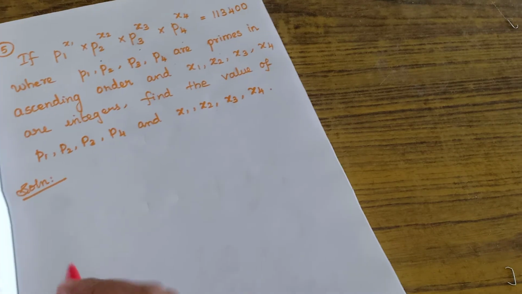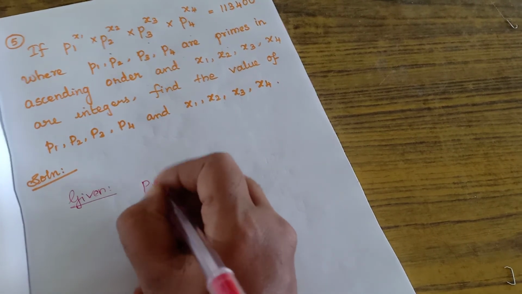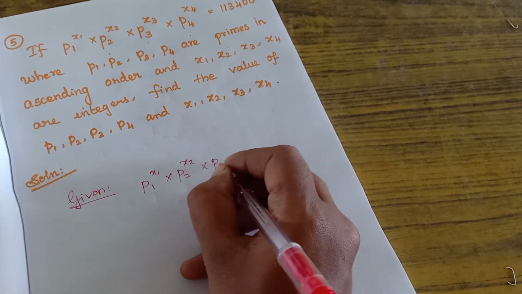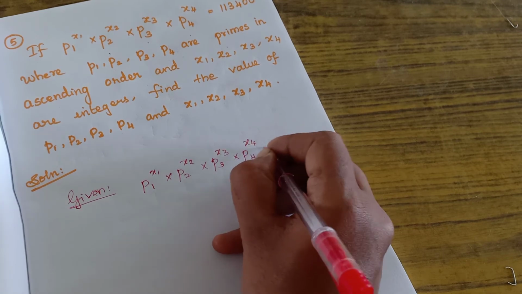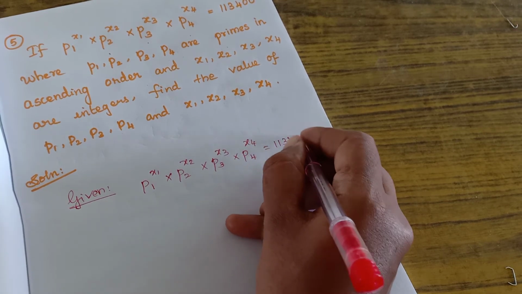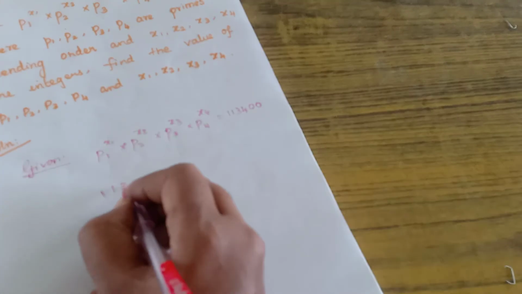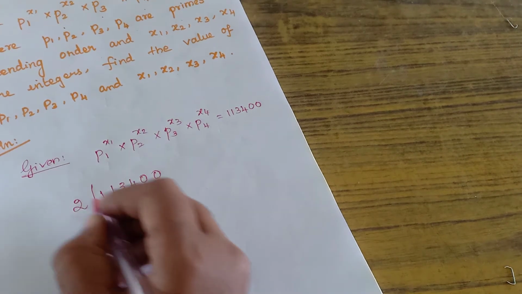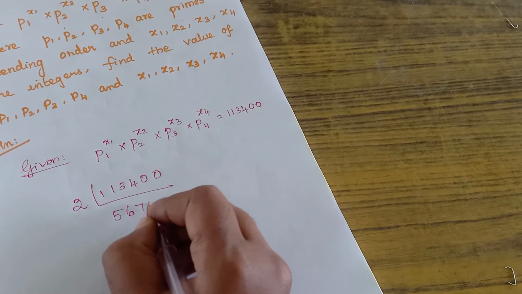Okay, so what is the given thing? P1 power x1 into P2 power x2 into P3 power x3 into P4 power x4 equal to 1,13,400. Now our aim is to factorize this. We can divide by 2. 5 2s are 10, balance 1, 6, balance 1, 7.